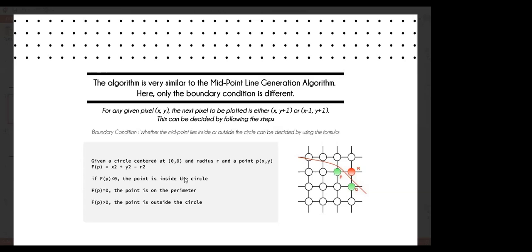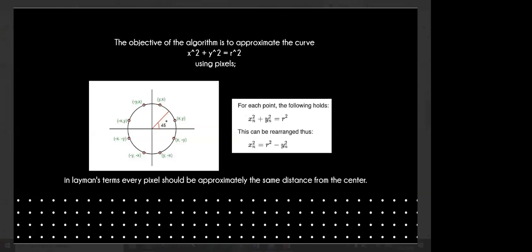For each point the following formula holds: x2 equals n plus y2 equals n, and all that equals r2, which is going to be. Let me show you this formula over here.